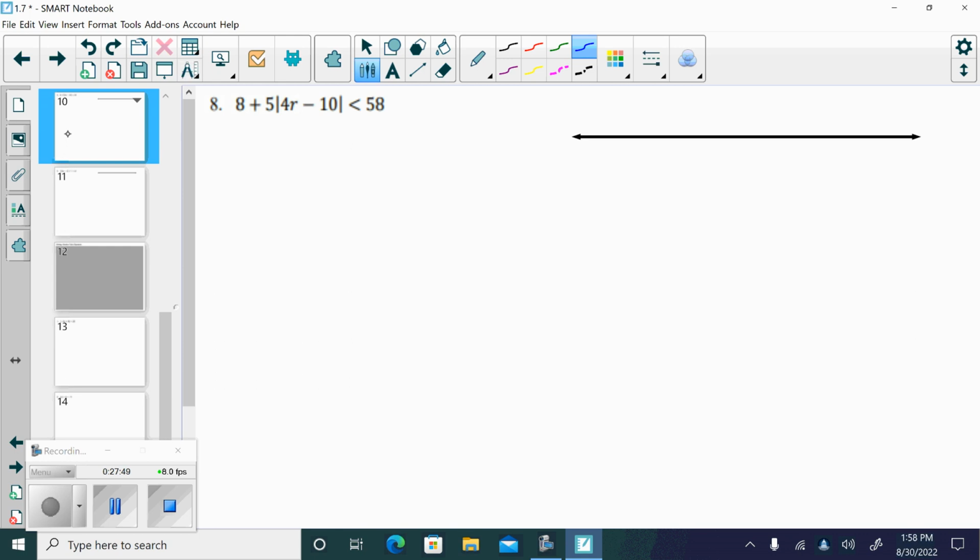Okay, so I have 8 plus 5 times the absolute value of 4r minus 10 is less than 58. Okay? Imagine that that's an x. 8 plus 5x is less than 58. So remember, you have to get the 5x alone first. Okay? So some of us on our test were dividing by 5 before subtracting. Okay?